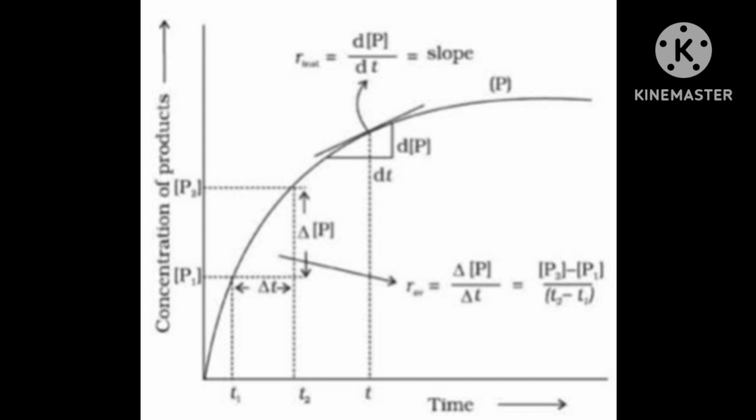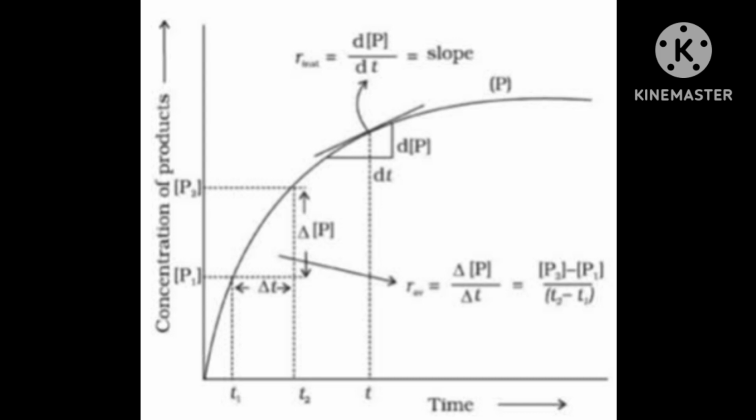For the reactant we use the term R, and for the product we use the term P. For time we use a small t. For concentration we use a big bracket, meaning molar concentration.